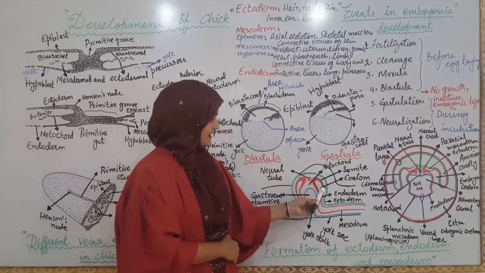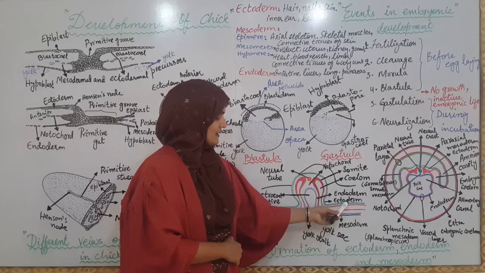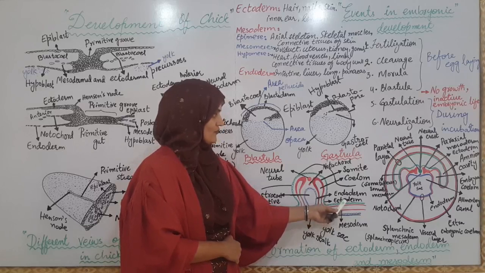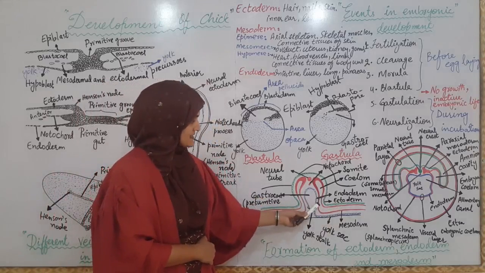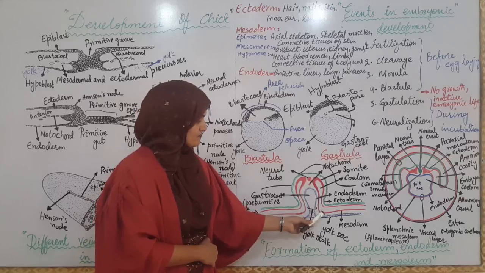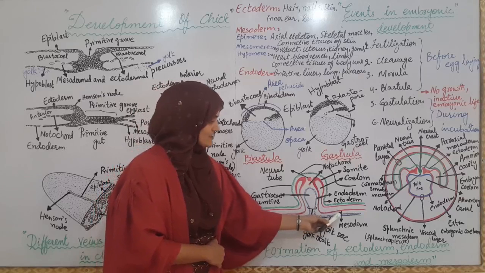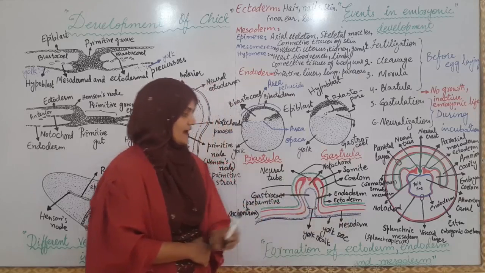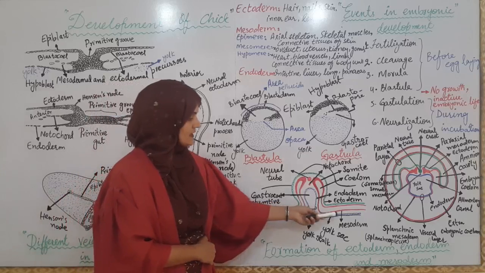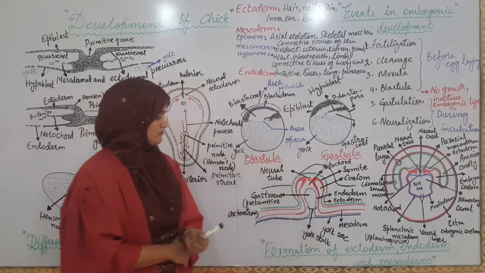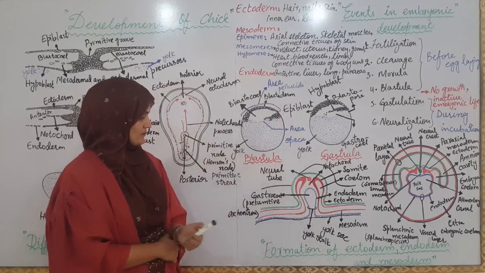This somatic layer later on attaches with the ectoderm, in the result of which the parietal layer is formed, while this splanchnic mesoderm attaches with the endoderm, in the result of which the visceral layer of the body is formed.